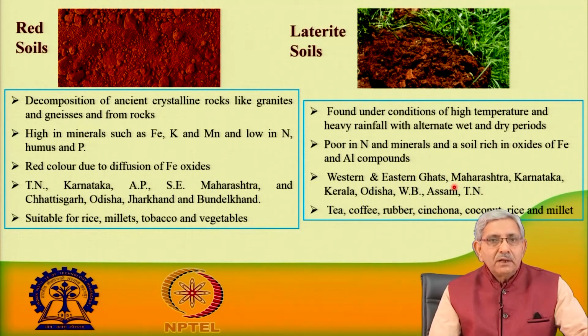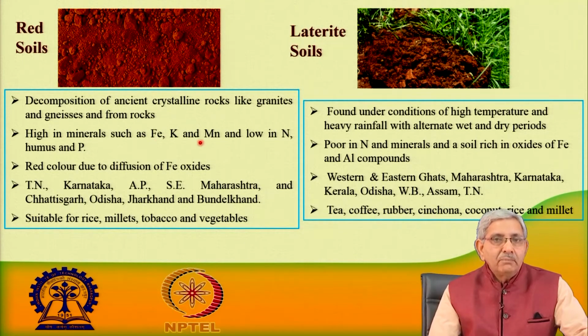Red soil regions, as I told you, are dominating in states like Tamil Nadu, Karnataka, Andhra Pradesh, and these soils are formed due to decomposition of crystalline rocks, and granites or gneisses are the rocks.